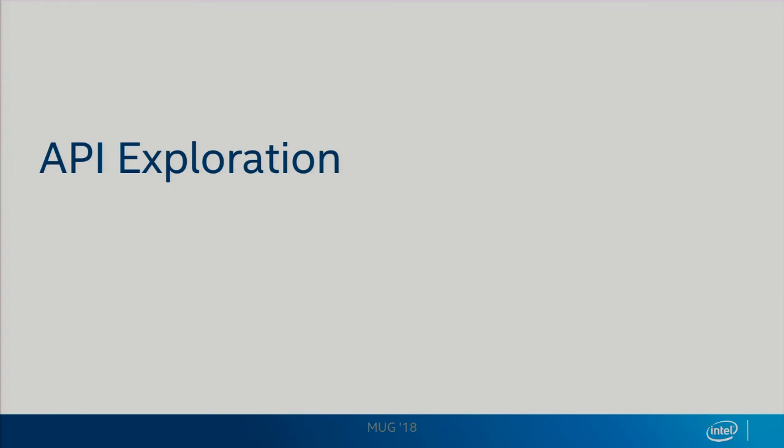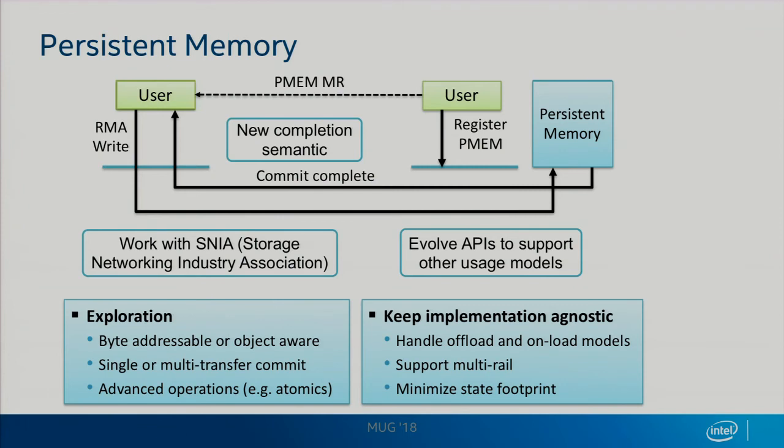And now about some things that are going on for 1.7. We have a persistent memory API that we are investigating in collaboration with SNIA, which is the Storage Network Industry Association. I think the broad idea is that you can define persistent memory regions, and you have a new completion semantic by saying, I'm submitting this write operation.